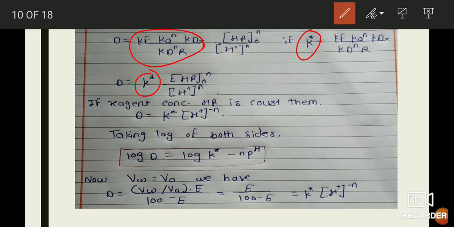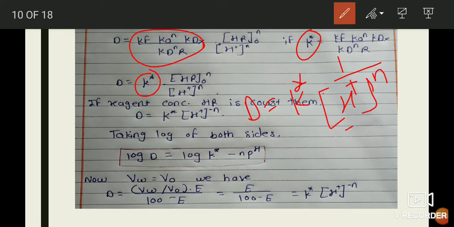If the reagent concentration of HR, the concentration of ligand, is constant, then D is equal to K star into 1 upon concentration of H plus ions to the power n. This can be rewritten as D is equal to K star into concentration of H plus ions to the power minus n.